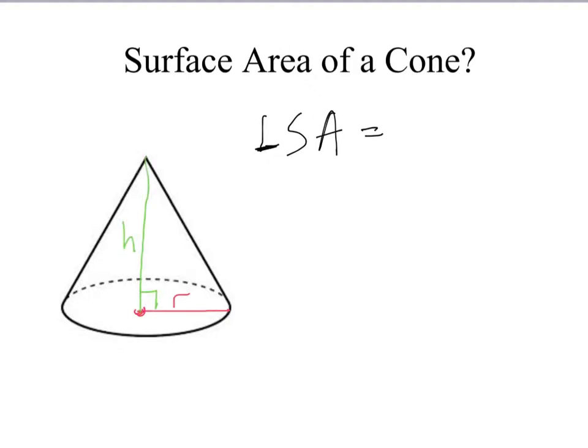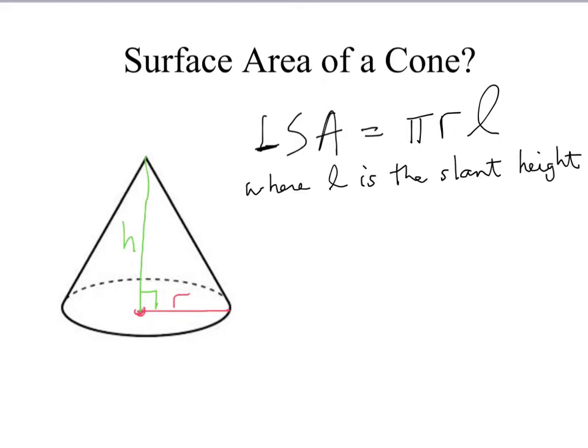If this is the case, the lateral surface area is pi r times some quantity called L. L is something called the slant height. You noticed that, with the pyramid probably too, there's a difference between the height if I measure straight up and down, from the base straight up to the apex, versus if I look on a slant.